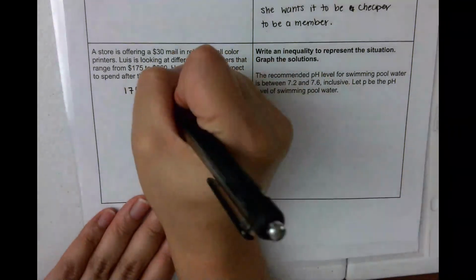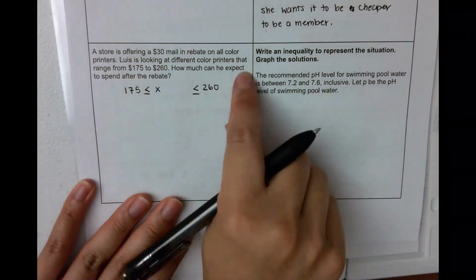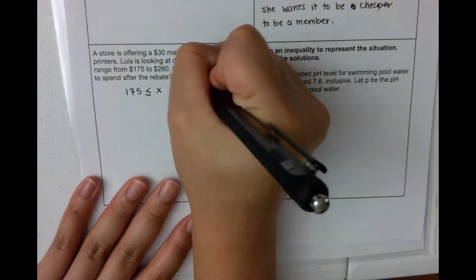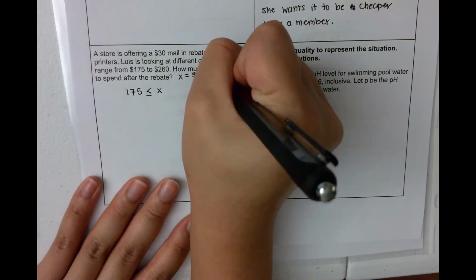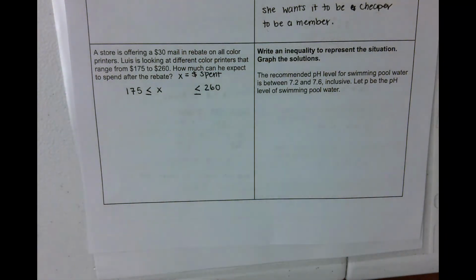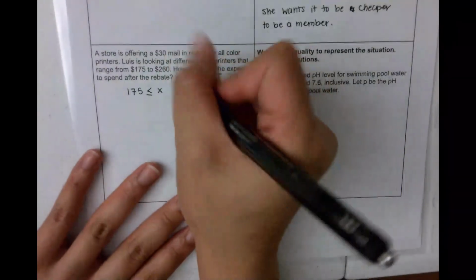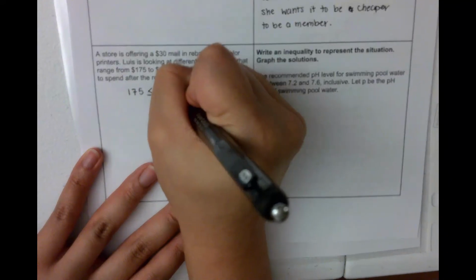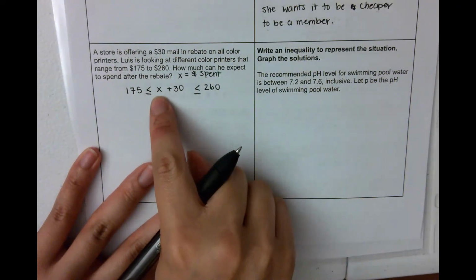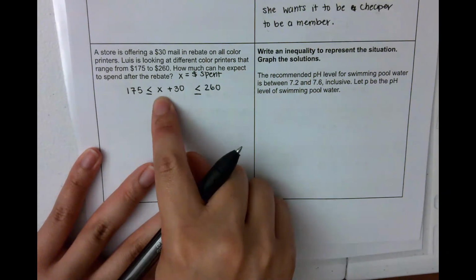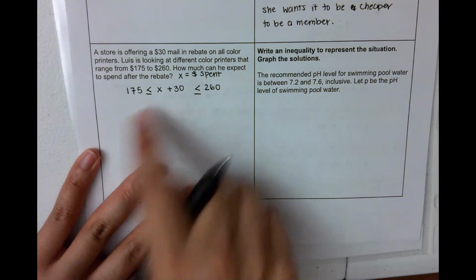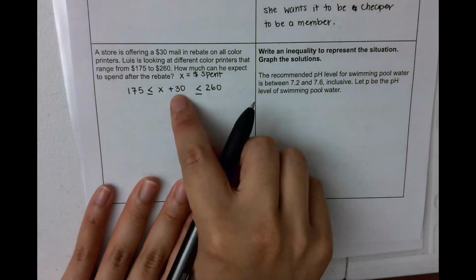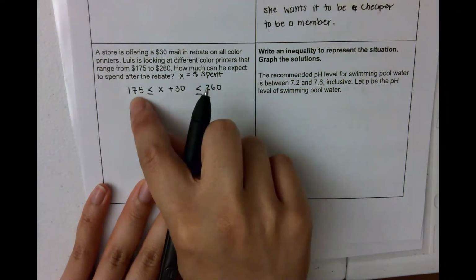So if I make X the amount he's going to spend, right, so amount of money spent, okay, we know what he ends up spending will be a little bit less because of the mail-in rebate. So if we have X plus 30, right, what he gets back, right, and what he's going to spend, right, based on that. Okay, right, because if you think about it, when we're subtracting 30, he's getting those $30 back.